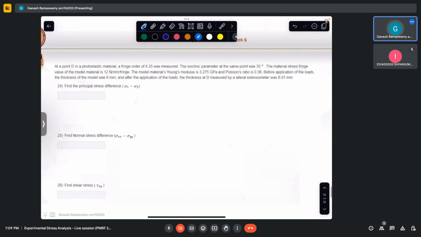What it says is, at a point D in a photoelastic material, so we have some problem, not a disk, let us draw it as a generic problem.